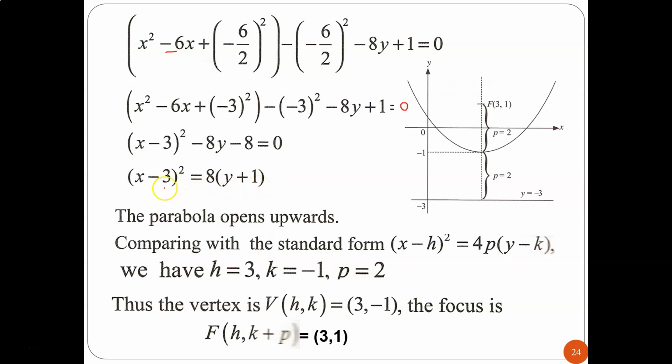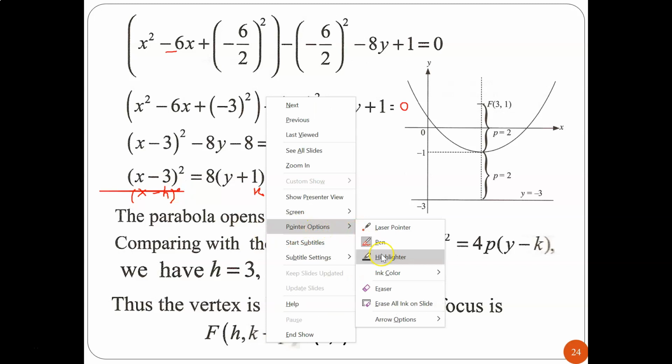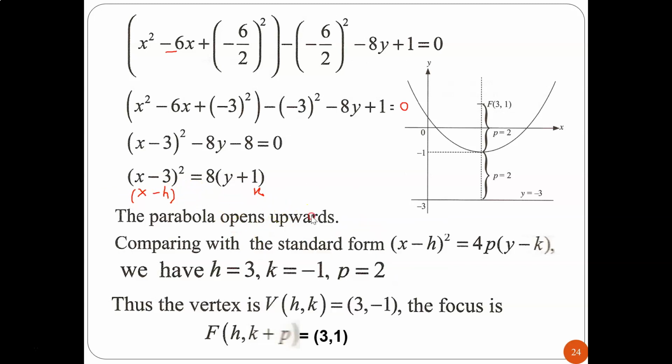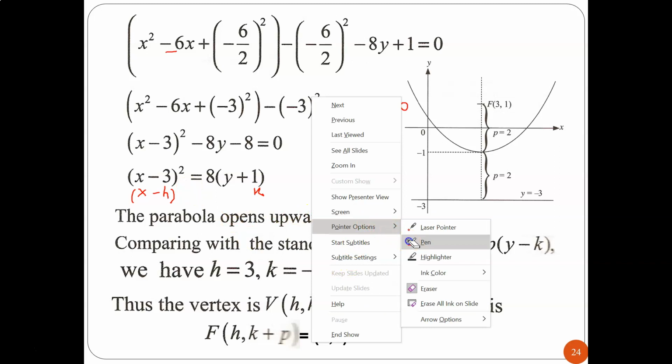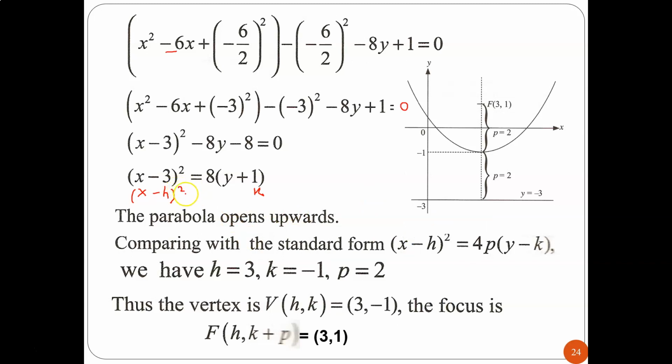So from here you can obtain x usually minus h. This is your h. And y usually minus k. Let us look back at the formula, x minus h squared equal to 4p, y minus k.